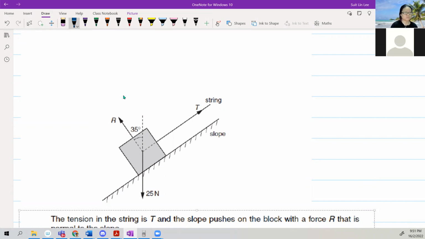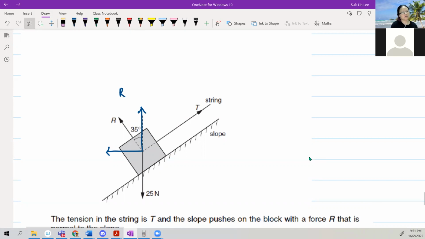But if you do so, this diagram is going to look a bit scary. So for R, I will split in this direction, vertical and horizontal, like so. Okay, never mind. This is R cos 35, and this is R sin 35. Not very scary.